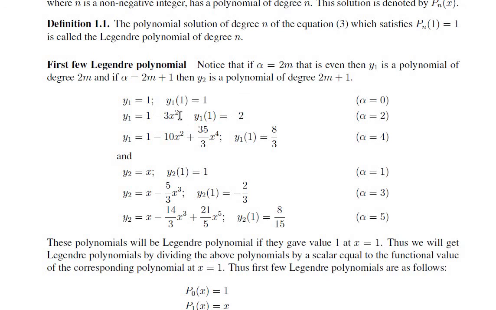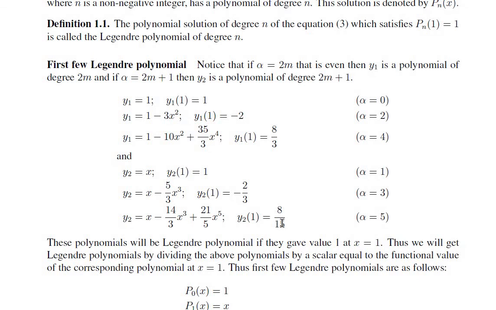P2(x), that is the Legendre polynomial of degree 2, will be this divided by minus 2. I will show it. That's why we have calculated y1, so that we can divide by that value and we will get the polynomial of that degree. Similarly for this also, y2 at 1 equal to minus 2 by 3, y2 equal to this.